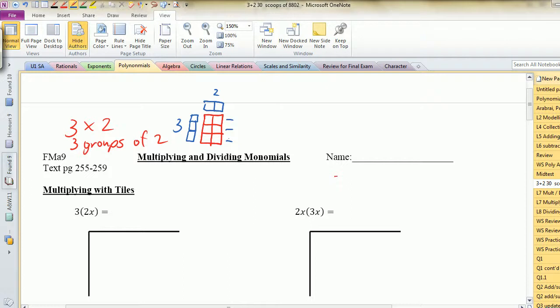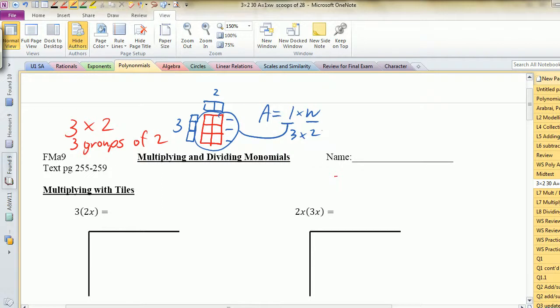Okay? What we're looking at is the area. Area is length times width, and we're looking at the rectangle that is created by the length times the width. In our case, it was 3 times 2.